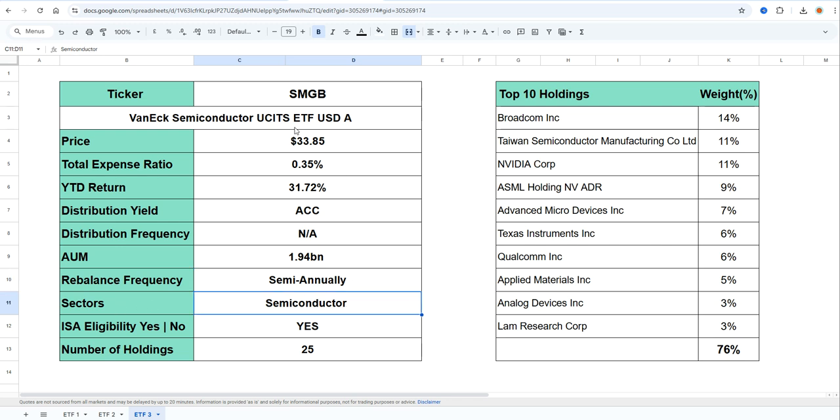So the issue is you're putting a lot more emphasis on these companies here. If something happens to the semiconductors, they all go down a lot, then of course you're going to lose a lot of money. That's the danger of buying sector ETFs. So you can buy through an ISA, and the number of holdings is only about 25. So we've got about another 15 missing from this list. So two things you need to worry about.